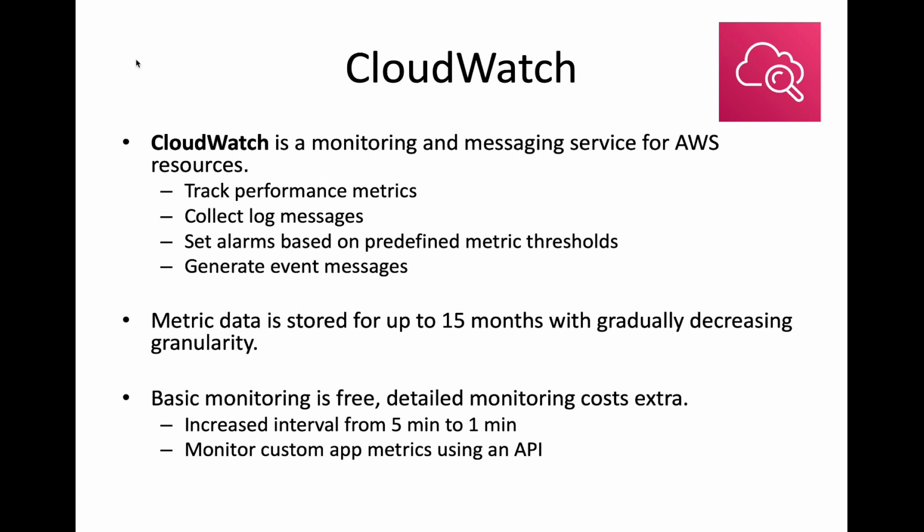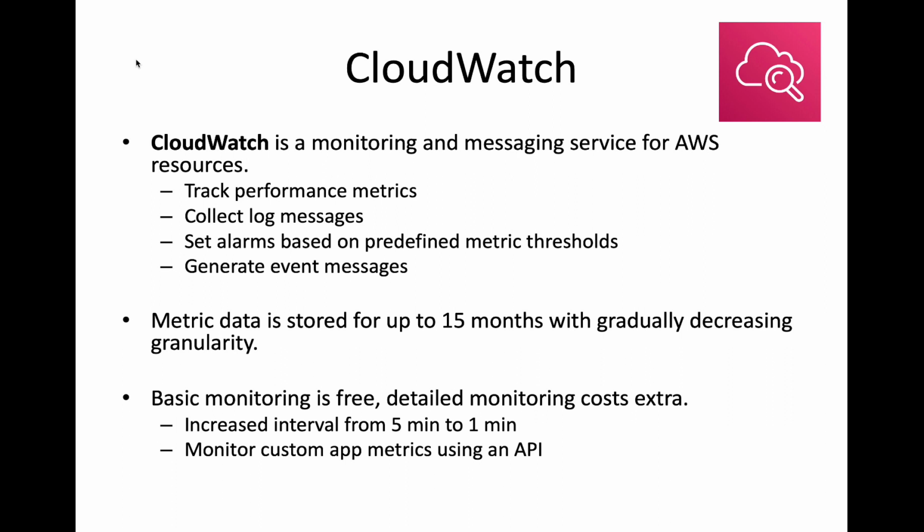We can use CloudWatch to collect log messages. Resources are being utilized. Some of those resources, like RDS databases or API gateways, and so on, can generate actual log messages, and those log messages can be collected by CloudWatch for our review.